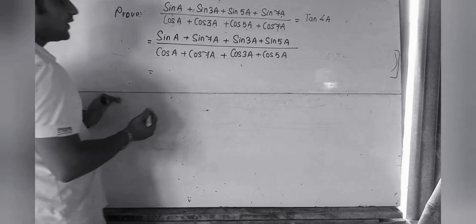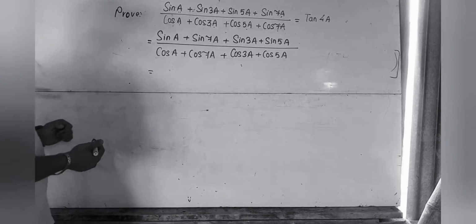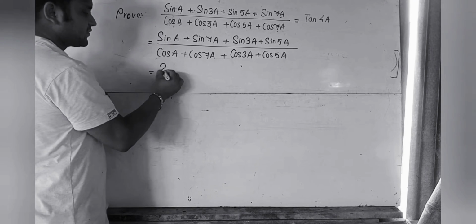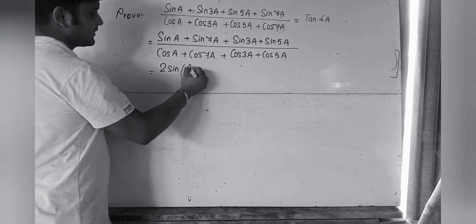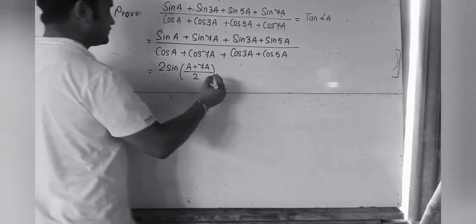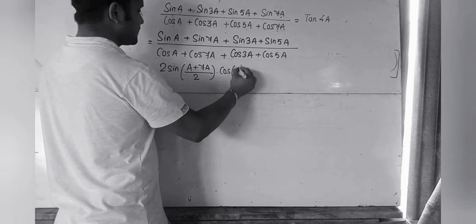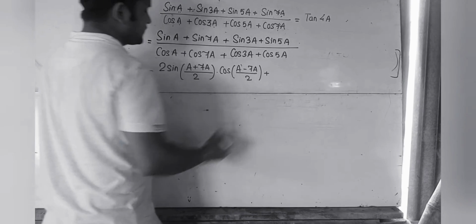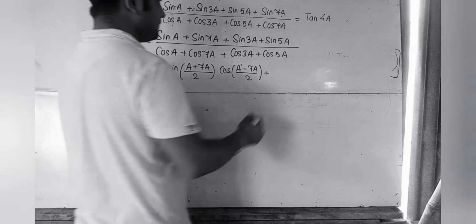Now after putting them together, we can use the formula of sin c plus sin d. The formula of sin c plus sin d is 2 sin c plus d by 2 dot cos c minus d by 2. On the other side also we do the same thing with sin c plus sin d.